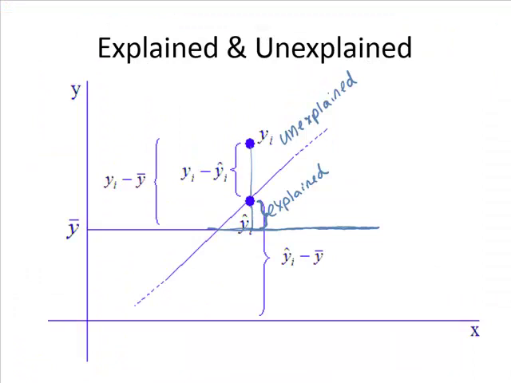What we're really doing is taking our predicted line and drawing it in the spot that minimizes those errors, so it gives us our best chance at predicting. So we have the cloud all around.